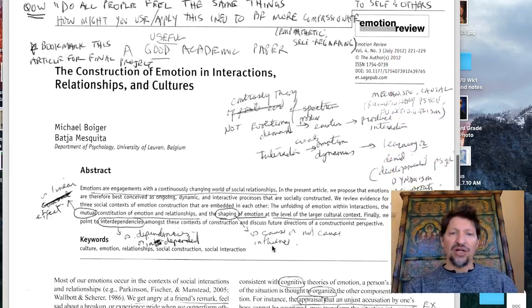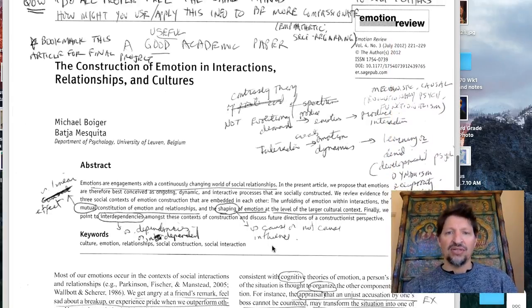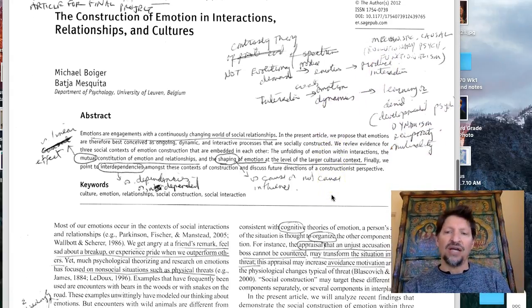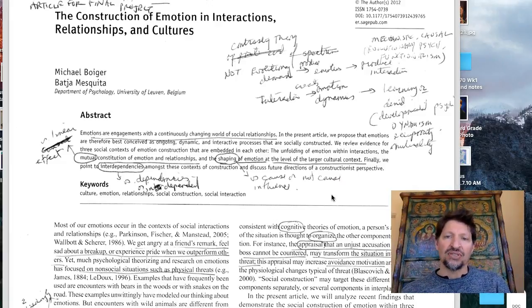So a much better article is The Construction of Emotions and Interactions. It's a contrasting theory, rather than, as with the other two articles up here, again, pardon my scrawl, evolutionary demands producing emotions that produce interactions, a very mechanistic, causal, linear way of doing things. It's quite the opposite. Interactions between us and other people create emotional dynamics, right?